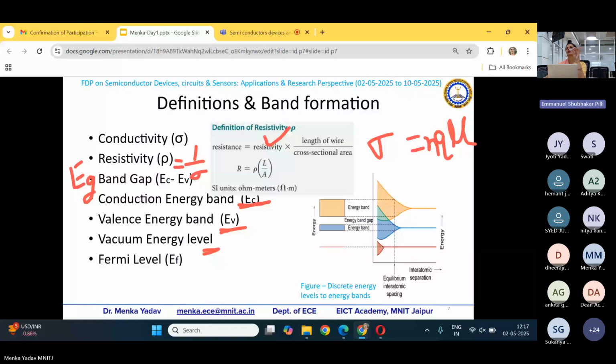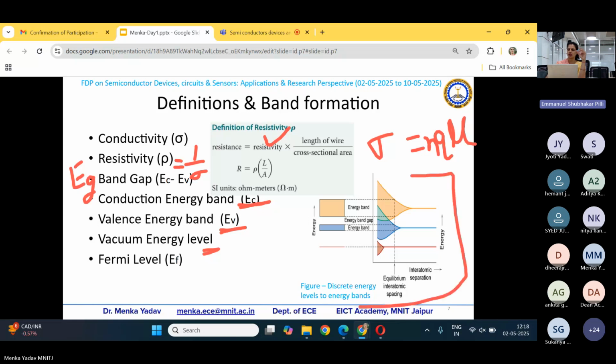These energy levels will be found in discrete levels. One level, let's say E1, then E2, E3, E4, E5, like that. For example, for hydrogen, you might have seen the energy levels are clearly different levels. Now these discrete levels will get converted into the energy bands. How these will be converted is shown with the help of this particular diagram.